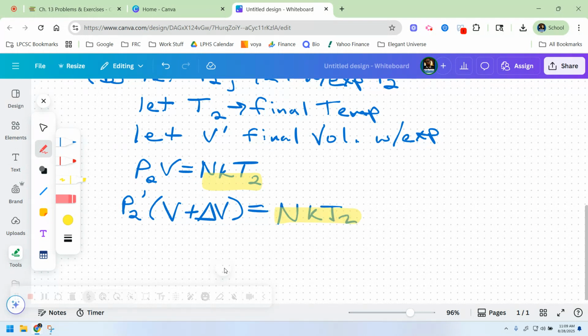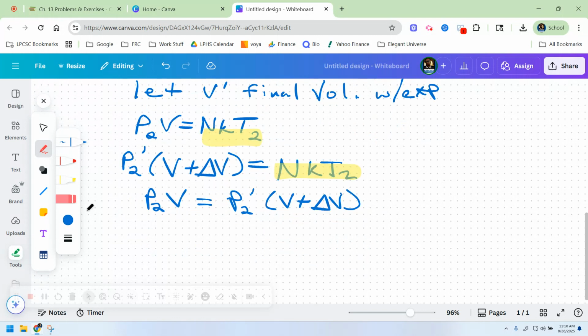That really shouldn't change. So then what we have is P2 V is equal to P prime times V plus delta V, which is the change in volume. Okay. And what we're saying is, if they're both equal to NKT2, then they're equal to each other. Does that kind of make sense? All right. And then from there, what you could do is rearrange that and solve for P prime by simply dividing by V plus delta V on both sides.